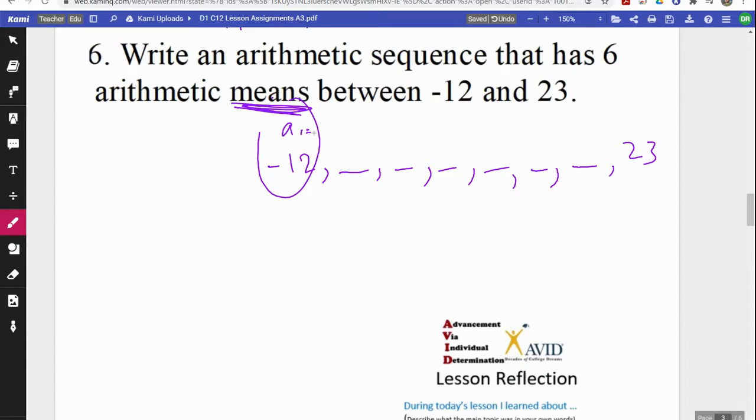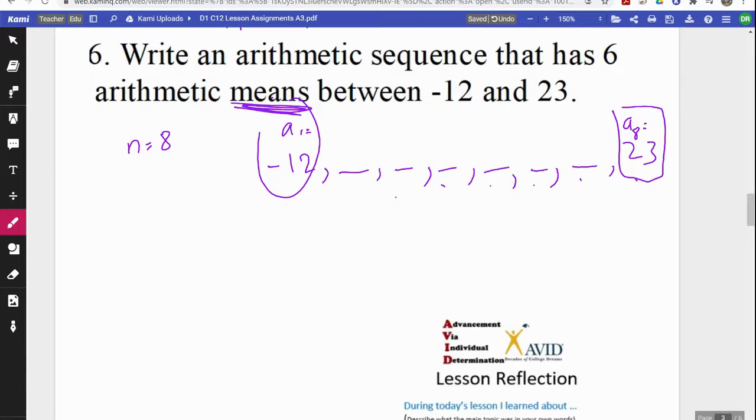We could also figure out what 23 is. If there's 6 in between these two, this would be the first, second, third, fourth, fifth, sixth, seventh, eighth. This would be a sub 8. And so we now know a sub 1, a sub 8, which means we also know n is 8. The thing we don't know, so I worked backwards in my logic here.